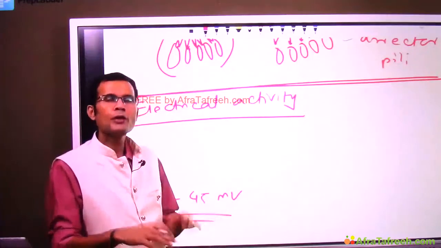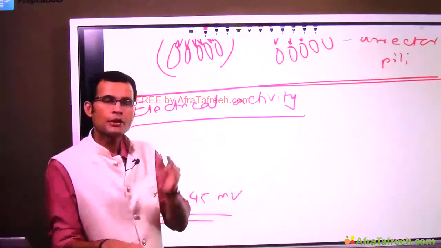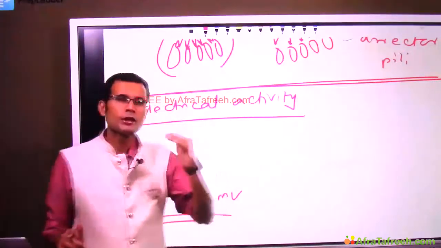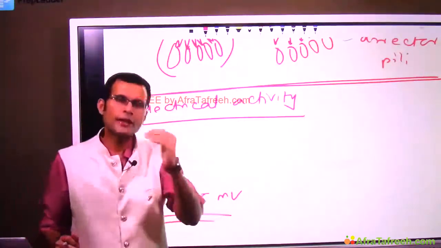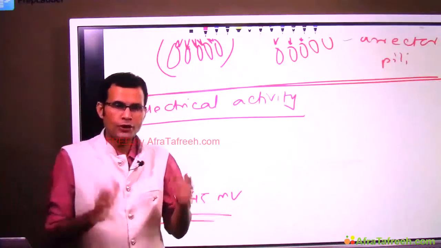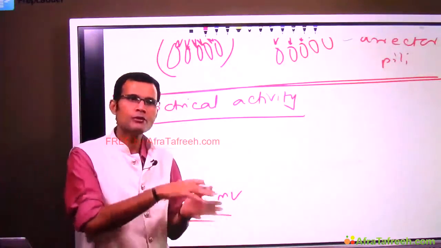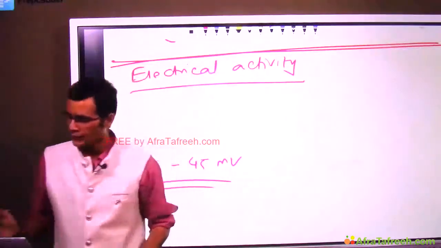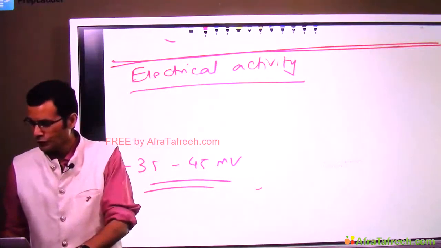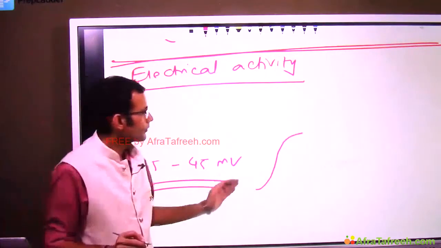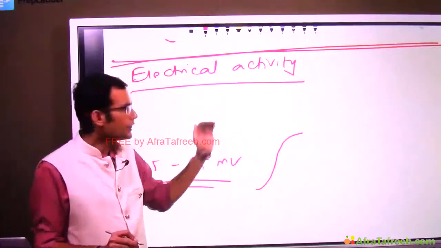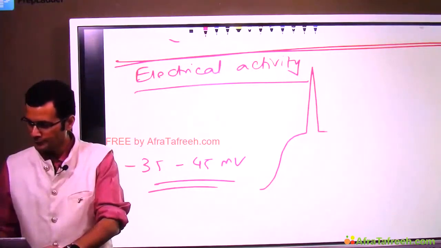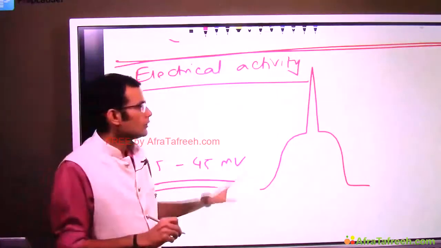And though we are calling it RMP, resting membrane potential, at most places the membrane potential is oscillatory. It's not resting at a certain value, but it is oscillatory. For example, in the case of GIT, the GI smooth muscle shows slow waves like this, which reach the threshold, and at the top of the slow wave there is a spike.